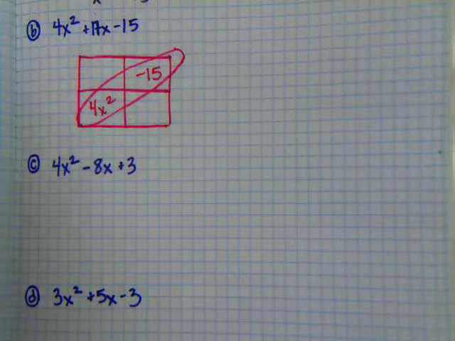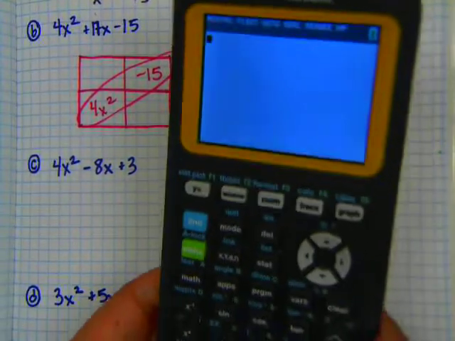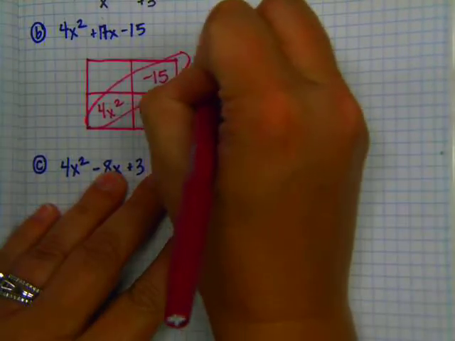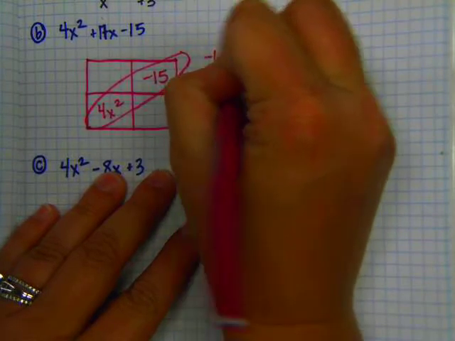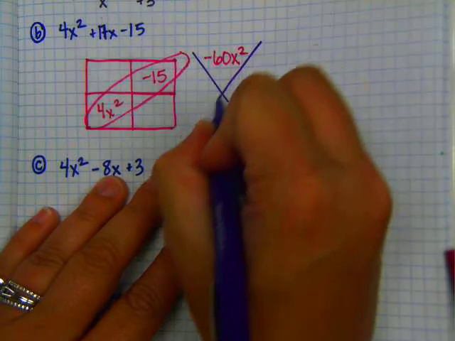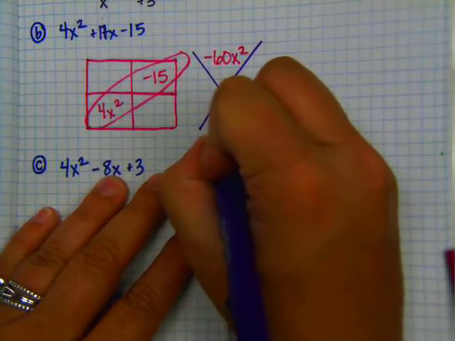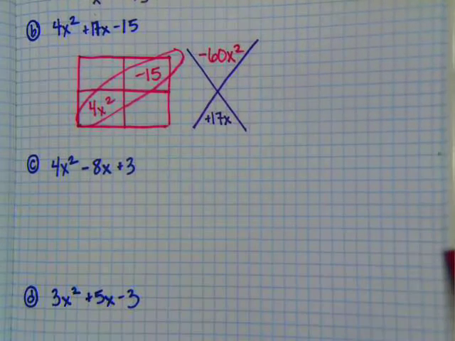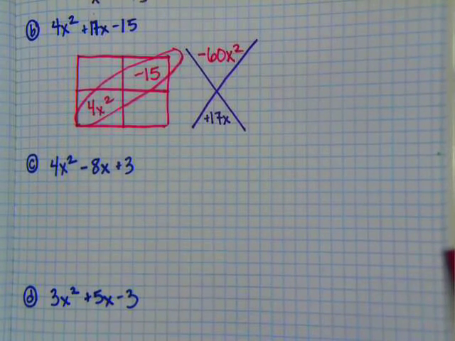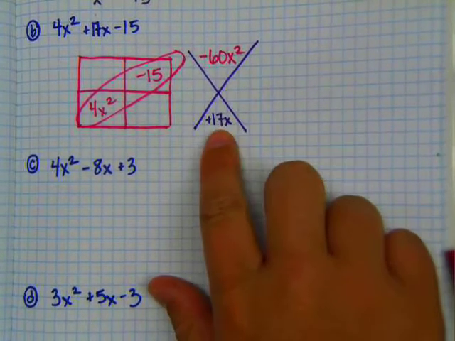Oh no, I don't remember what 4 times 15 is, so I'm going to put that right in my calculator. 4 times negative 15, negative 60. So that's going to be negative 60x squared. And then inside our diamond, we put that middle term, which is plus 17x. Okay. So here's where it gets hard, right? We need to figure out something that multiplies to negative 60 and adds to 17.